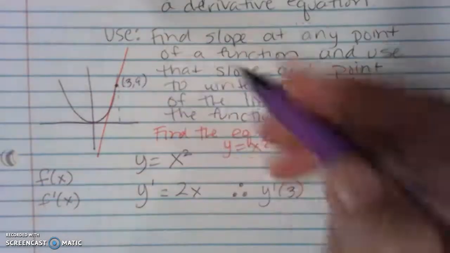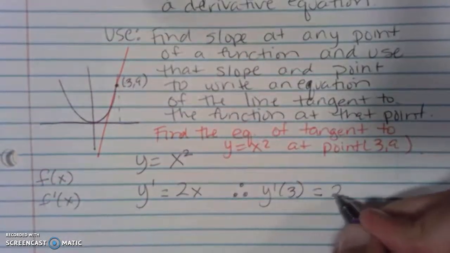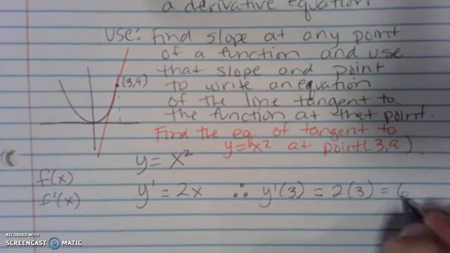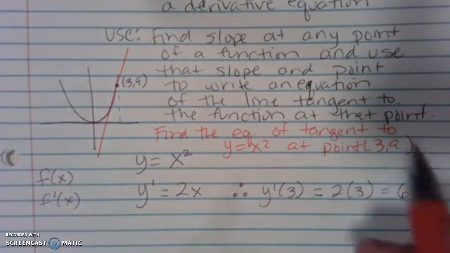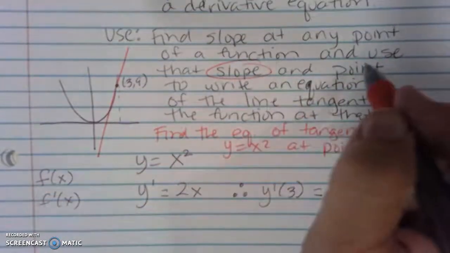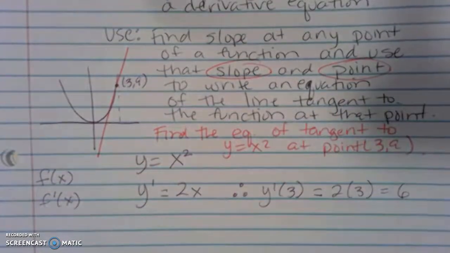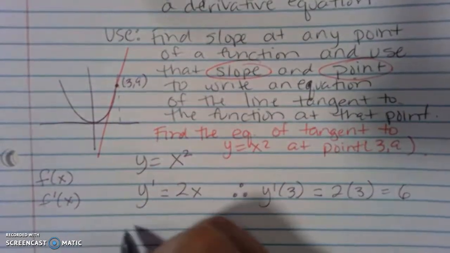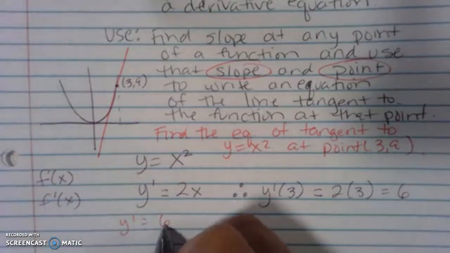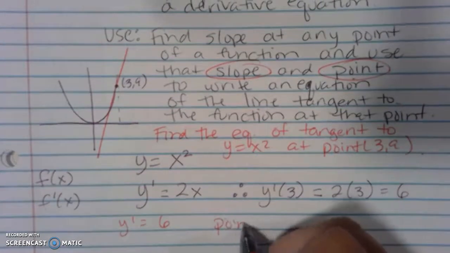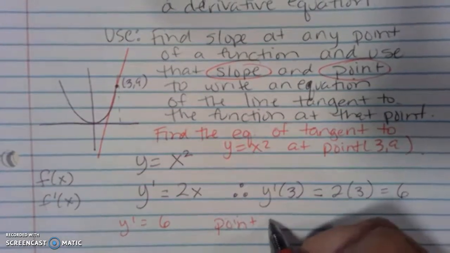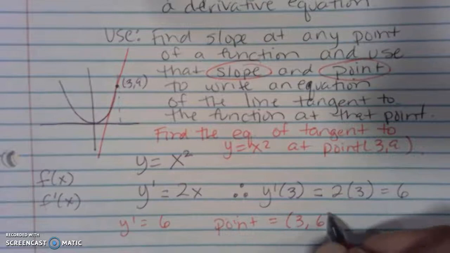At this point I plug in my x, I get 2 times 3, or 6. So now check it out. I have a slope, which I need, and a point, which I need to write an equation. My slope equals 6, and my point given to me is (3, 9).